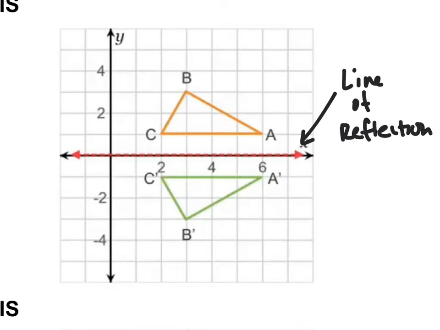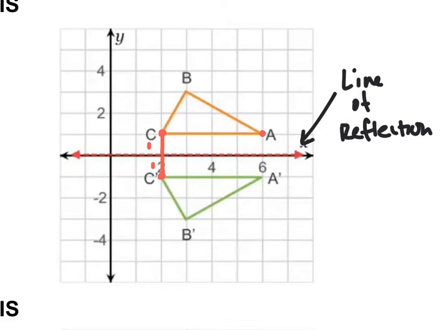So what I want to do is to talk about the distance from point C to C prime, okay? And talk about the distance from C to the line of reflection as well as C prime to the line of reflection. So what I have here, C to the line of reflection is a length of 1, okay? In addition, C prime is also a length of 1 unit away from the line of reflection.